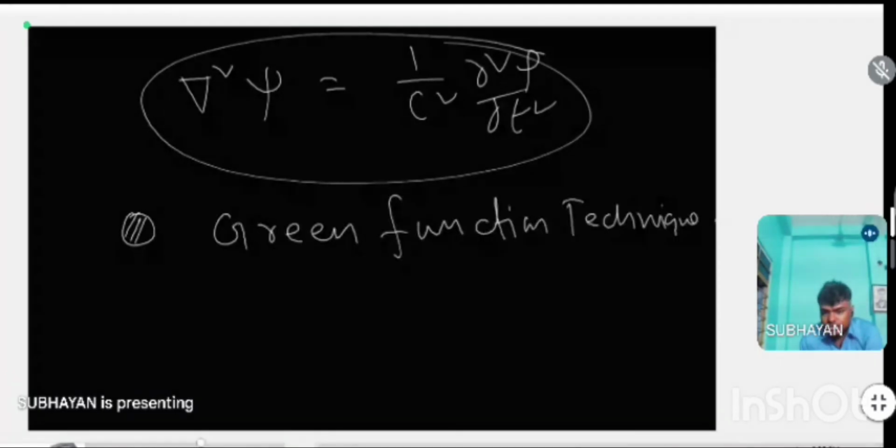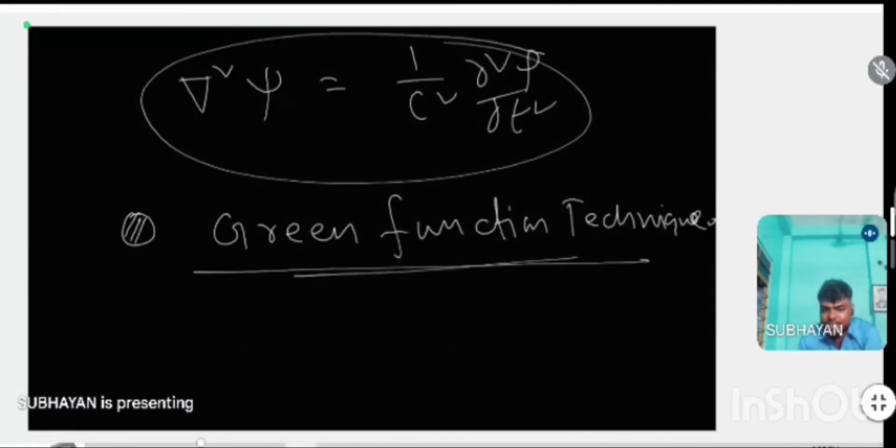And this Green function technique is mainly included in the syllabus of universities. Specifically, one or two universities will emphasize on the Green function technique.